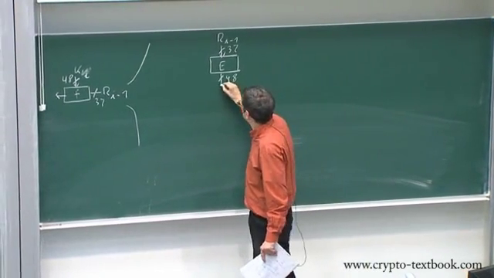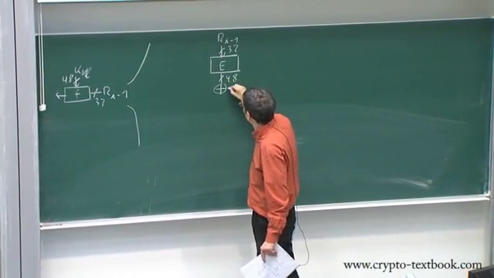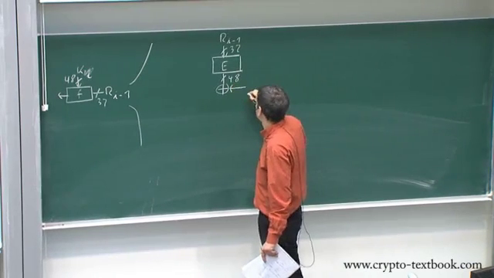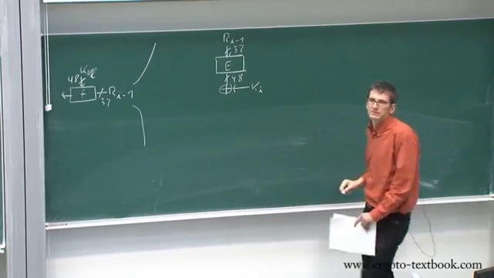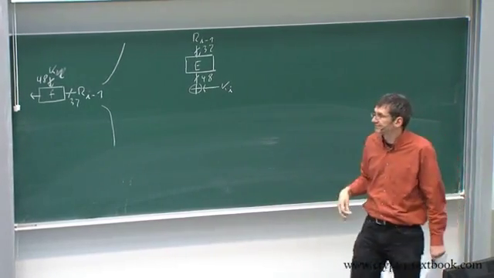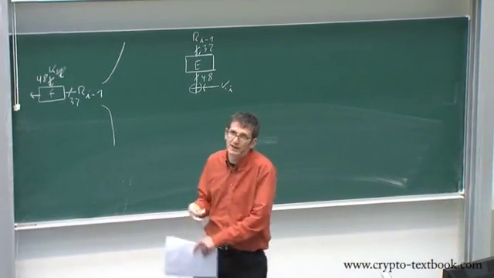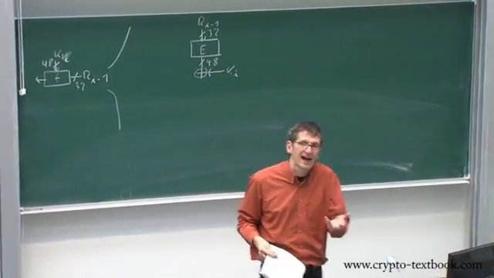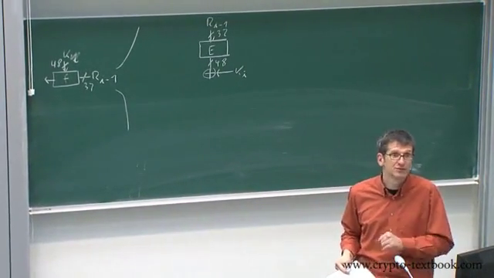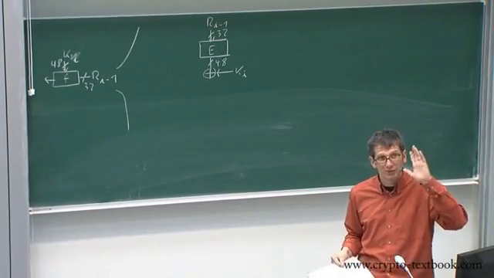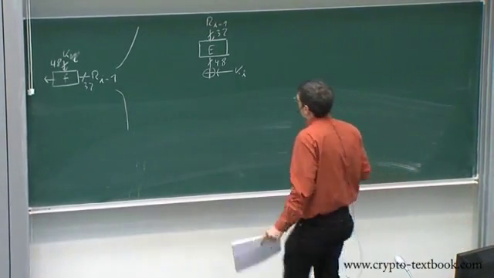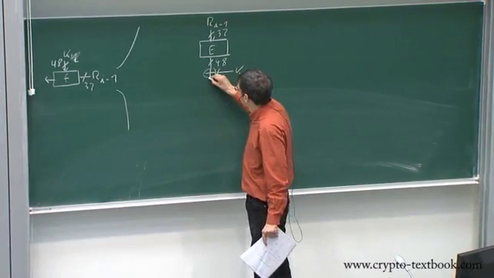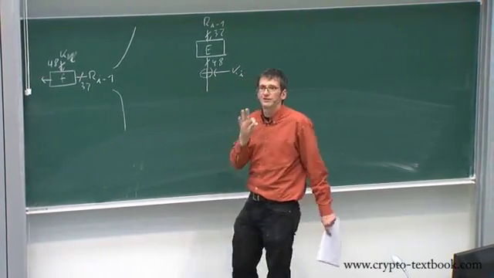At this point, you can XOR the subkey. Before, we looked at round number 1, and now we look at round number i, where i equals 1, 2, 3, 4, up to 16. So you do a key XOR, and now the real stuff happens.